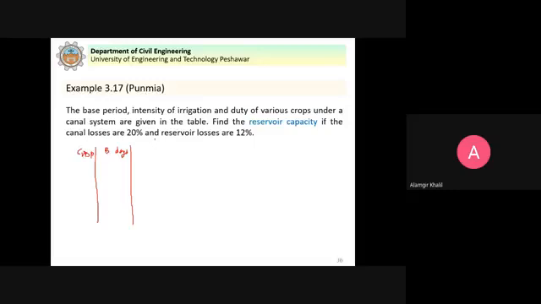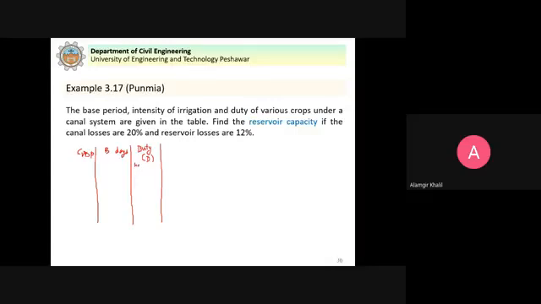Then we have duty of water, which we denote by D, in hectare per cubic.